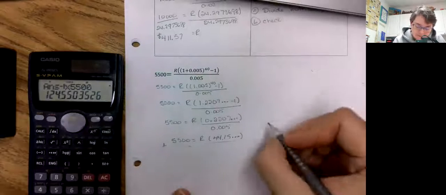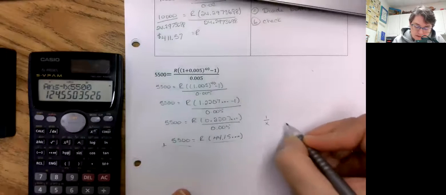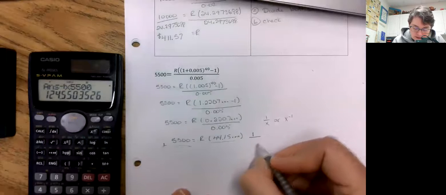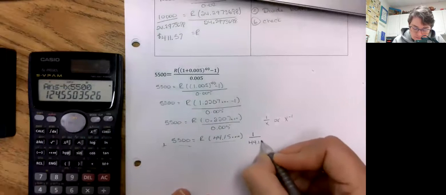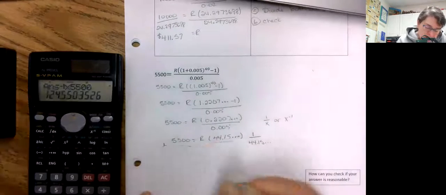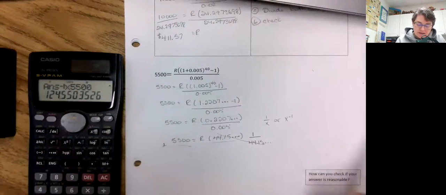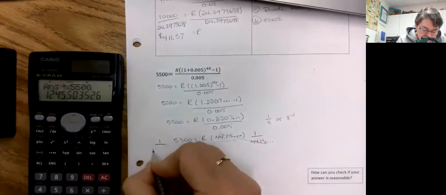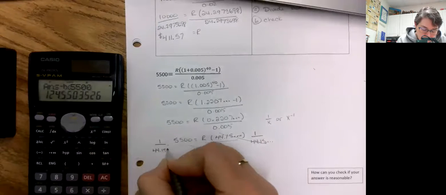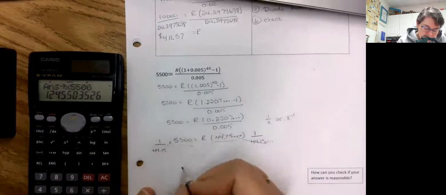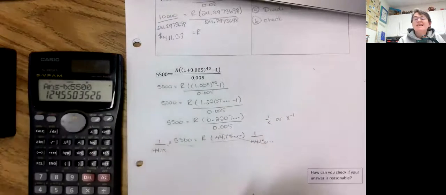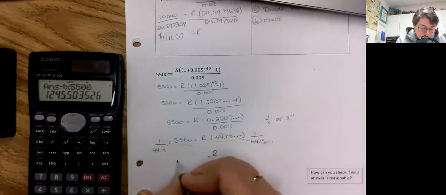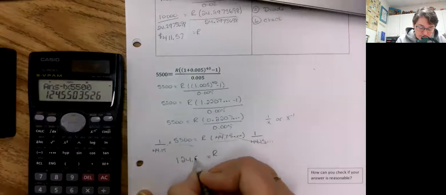Hitting that button, the 1 over x, or x to the minus 1, goes on both sides. So on this side, it makes it disappear, and on the other side, if we multiply that through, it is exactly the same as dividing by it. Anyway, R is equal to 124.55.